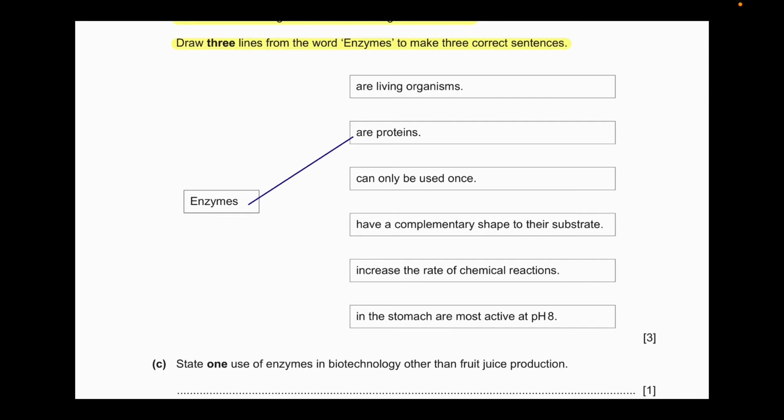Enzymes can be only used once, so definitely wrong information. Enzymes have a complementary shape to their substrate, exactly. Enzyme increases the rate of chemical reaction. Yes, it does. Enzymes in stomach are most active at pH 8. Now, this is also wrong information. So, these three will be the correct statements.